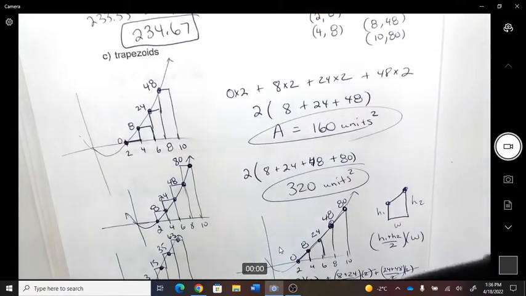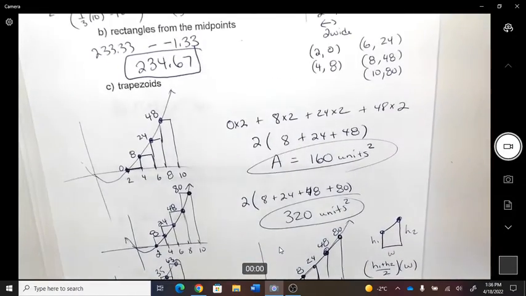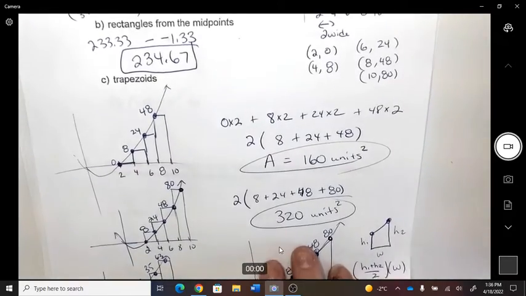Anybody match when you're done? So the real was 234.67. So we were close on those last two guesses.